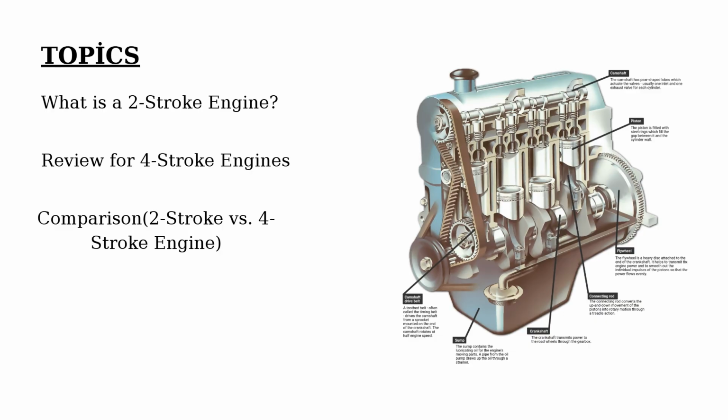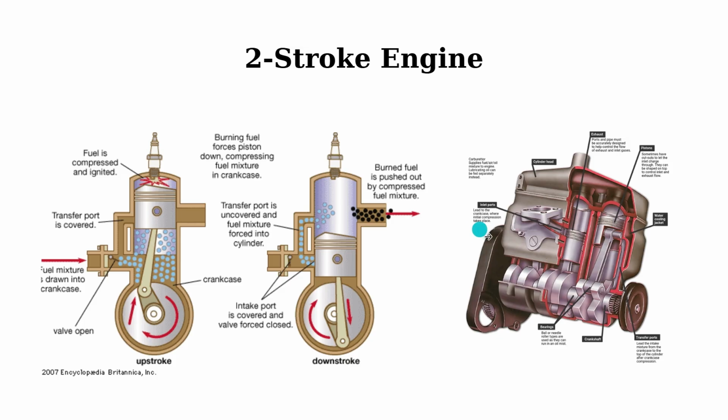Firstly, hi. In the previous lesson, we learned how a four-stroke internal combustion engine works step by step. We studied the four main stages of the engine cycle: intake, compression, power, and exhaust. You can see in here.